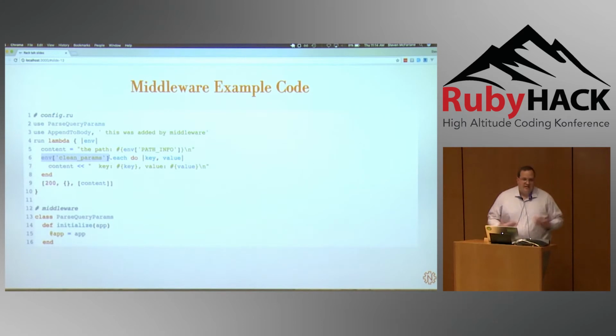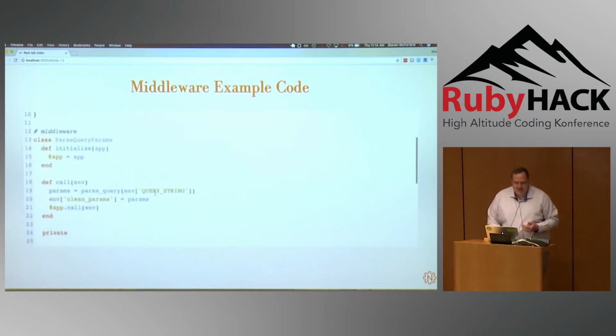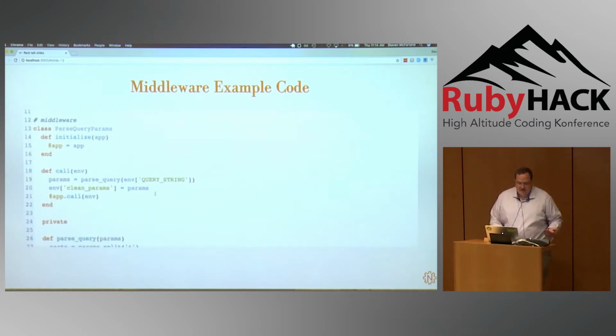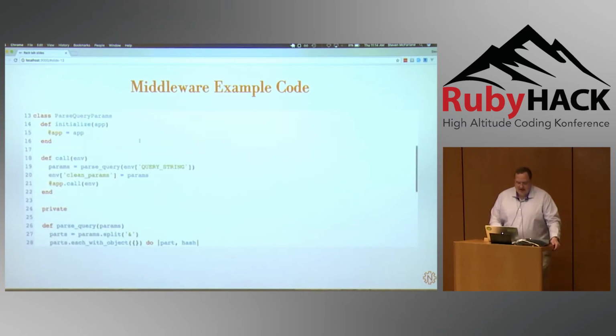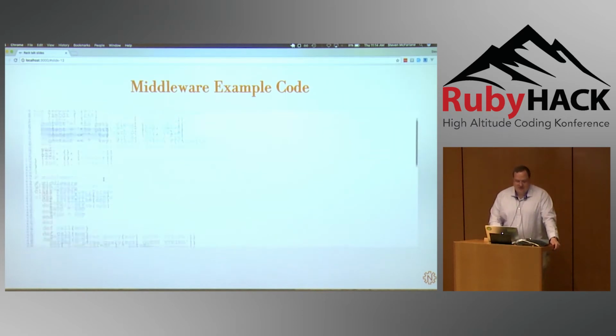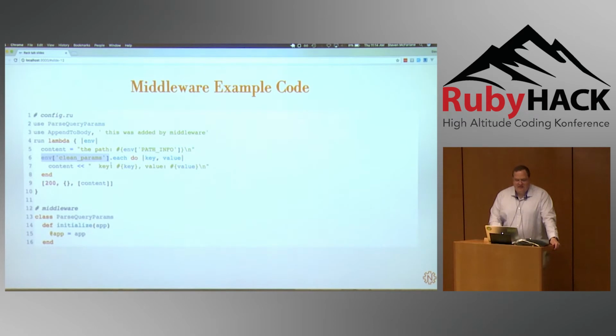This is not in the normal environment, the normal variables that Rack passes in. I add it with my parse query params middleware. So when it hits this, it runs a simple method to extract the query string into a simple hash, and it adds it to clean params. So my simple application here is able to simply access that and print that to the body that is returned.